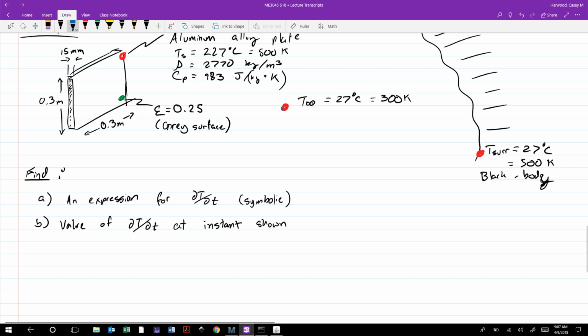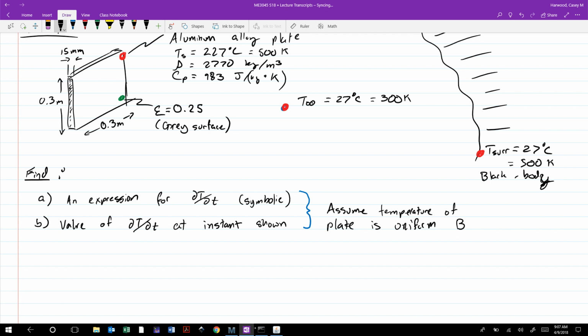And for both of these cases, we're going to assume that the temperature of the plate is uniform.